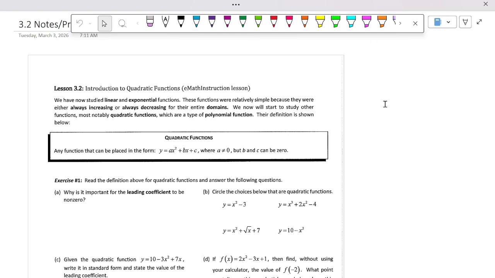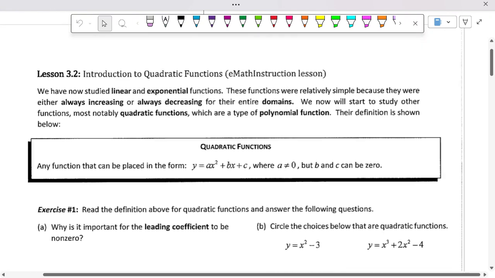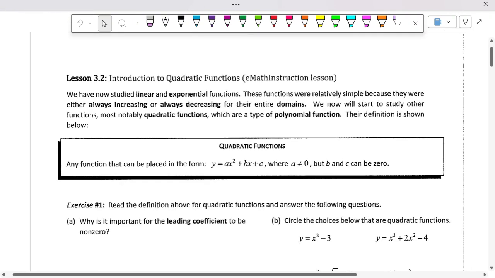All right, so today we are actually getting into quadratic functions. Now, we talked about this yesterday a little bit. What degree does a quadratic function have? 2.